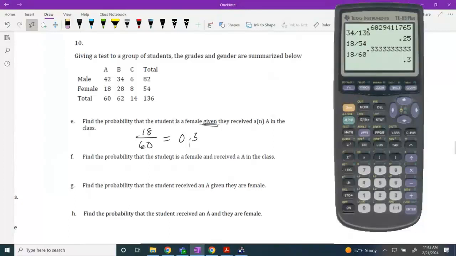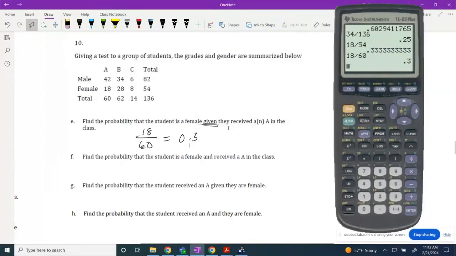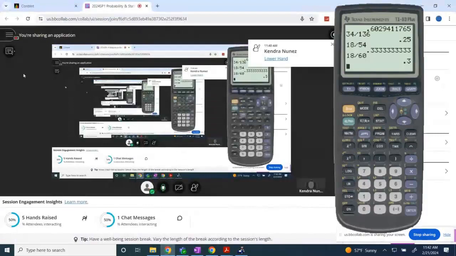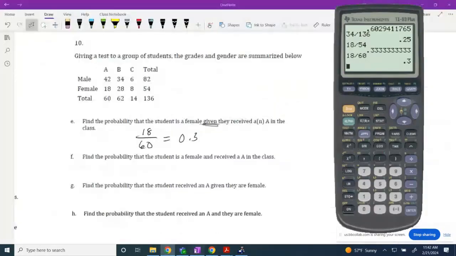F says find the probability that a student is female and received an A in the class. Notice that there is not that special word given. So our denominator is what?